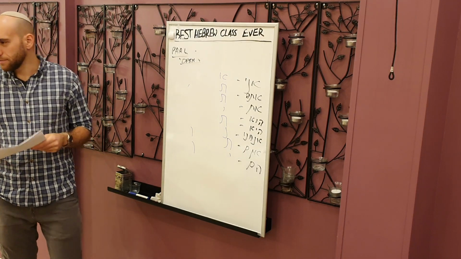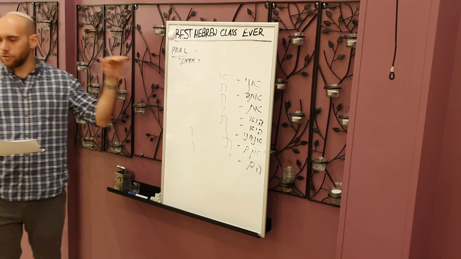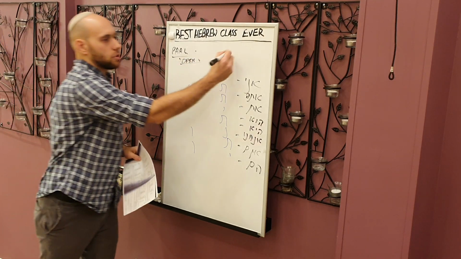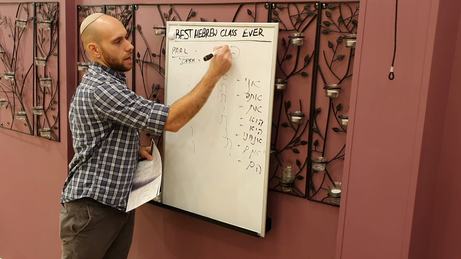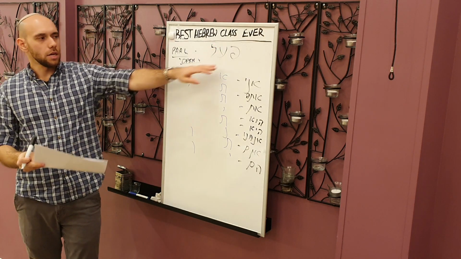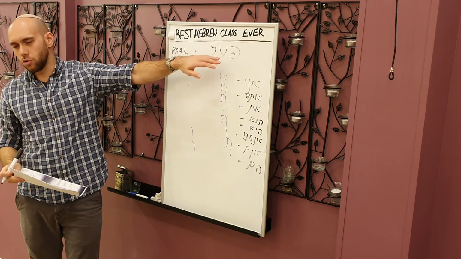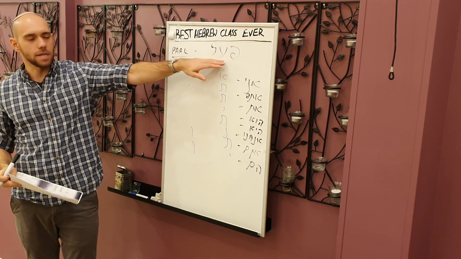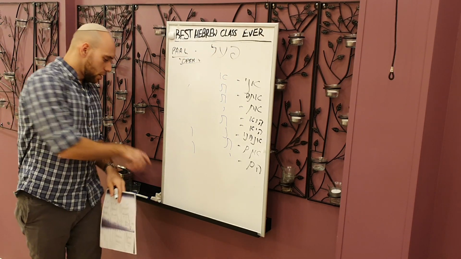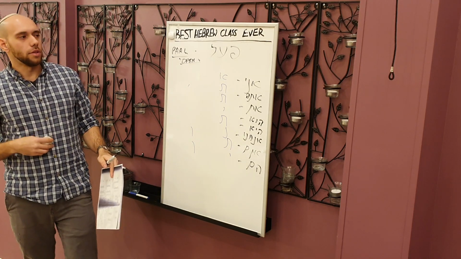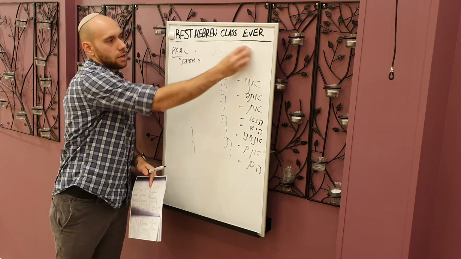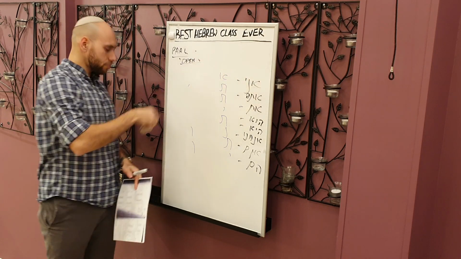In other words, it is the third person past tense form made out of this root. The root is pei, ein, lamed, which means to take action or to do an action. It literally just means action, like verb, so it's used as the dummy verb for making all these names of the binyanim.